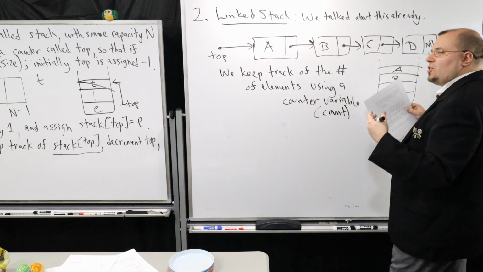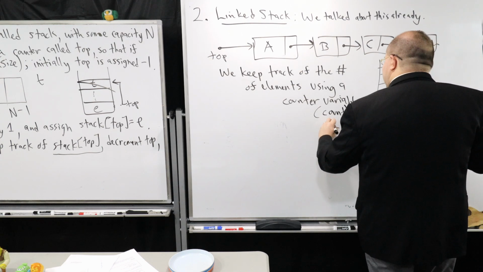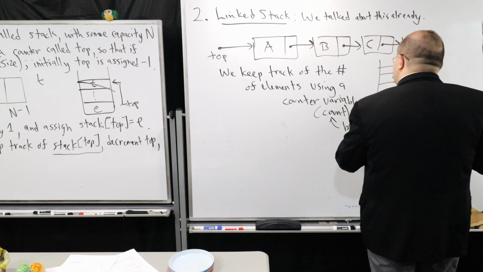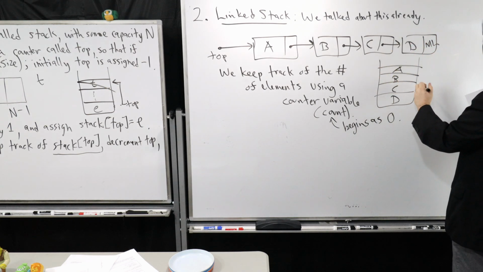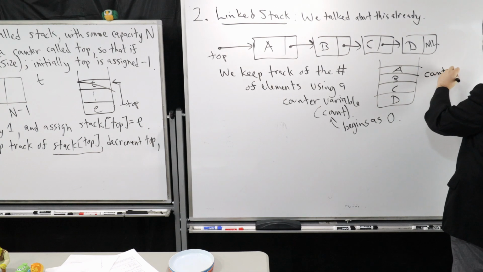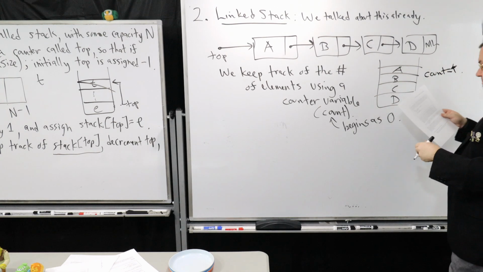And the idea is that it starts off at 0. So this begins as 0. So for example, if I have this representation, this would be that count is equal to 4 because there's 4 elements in the stack.